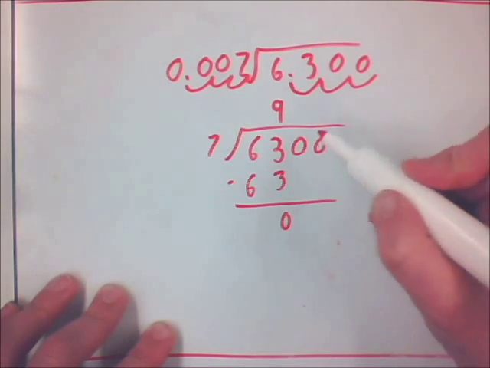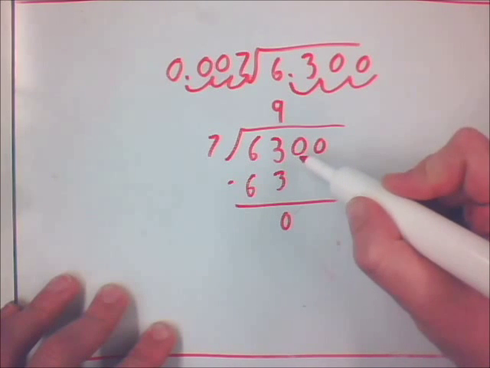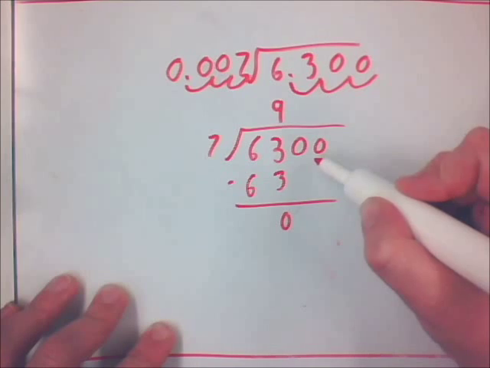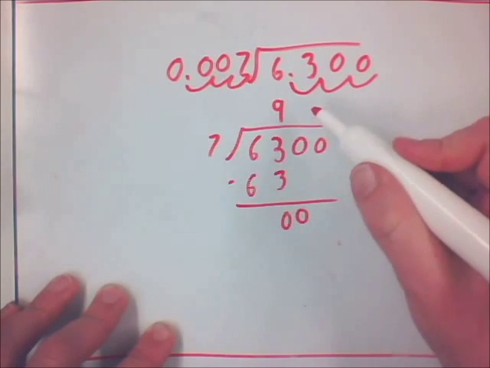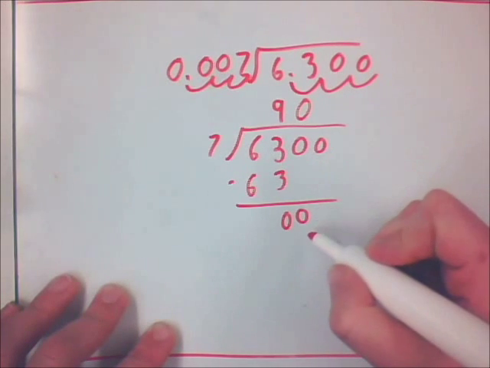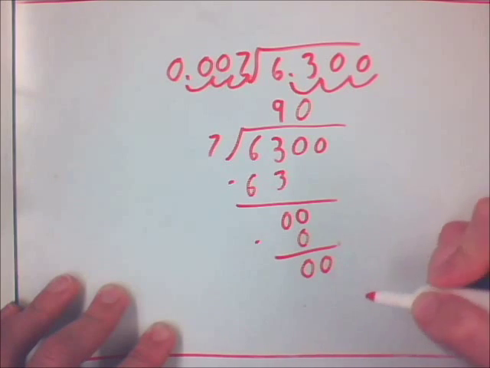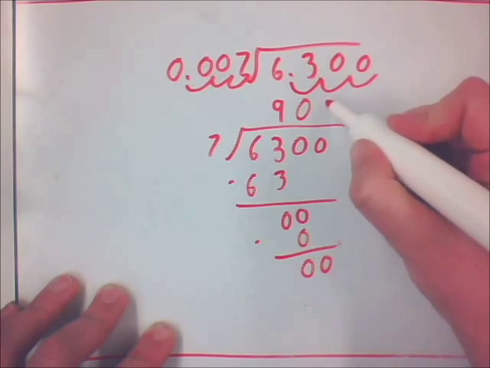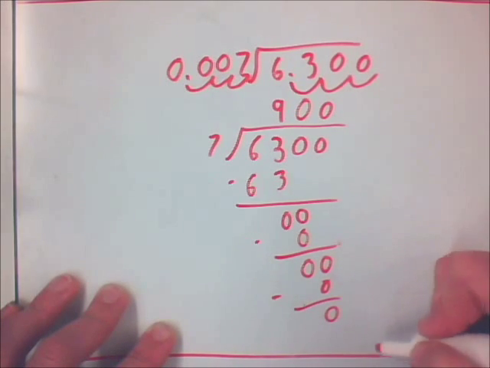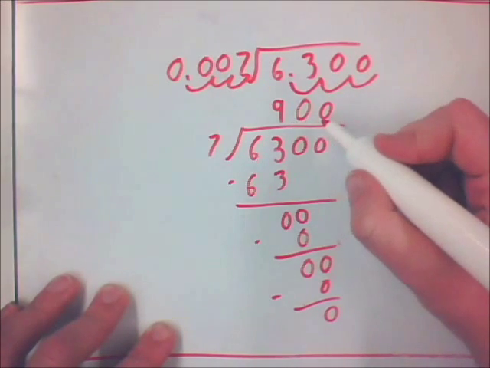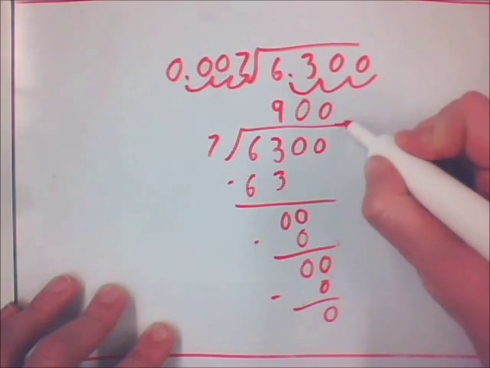But I've got more to do here because I've got 2 zeros right here that I haven't dealt with, and I have to deal with them. So I'm going to bring one of them down, and I go 7 zeros are 0. So I'll just do the process again, and then I'll bring the last 0 down. And again, 7 zeros are still 0. And when I subtract through, I end up with 0. It does, however, change the answer. My answer is 900.